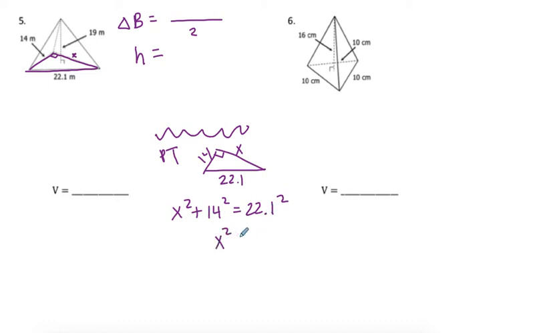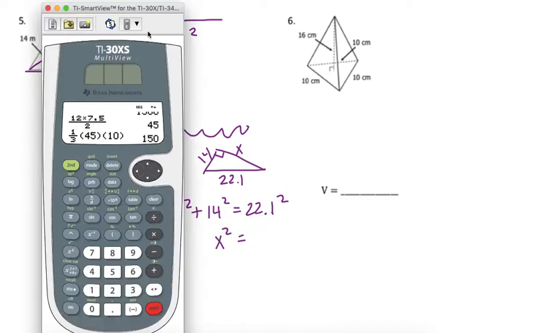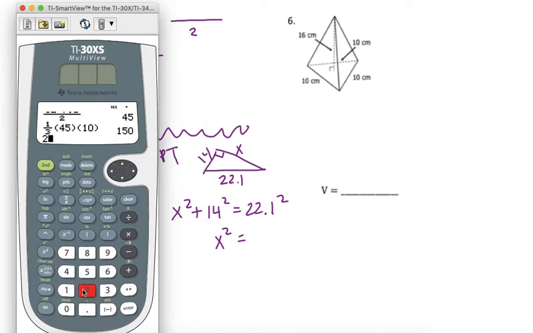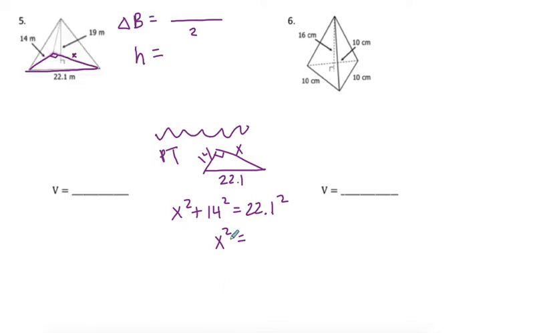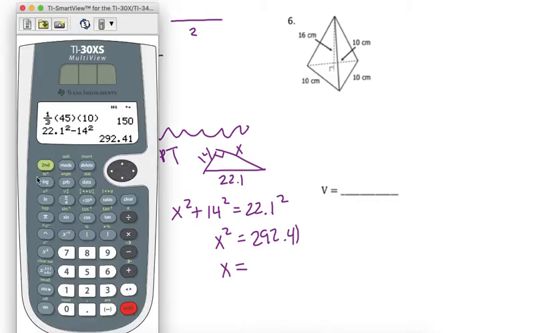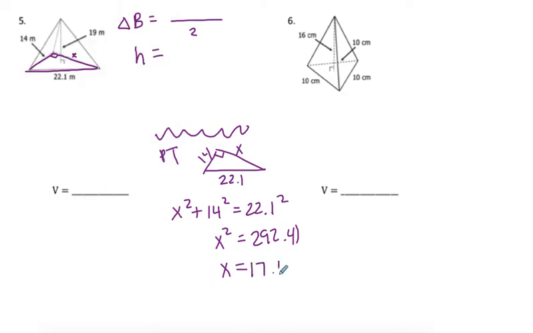And then I'll subtract to find that missing piece. So I'll go 22.1 squared minus 14 squared. And that's where I got 292.41. Ooh, okay. But I need to square root to get what x is, because I thought, wow, that's really long for that triangle. So once I square root my answer here, that's where I get 17.1.